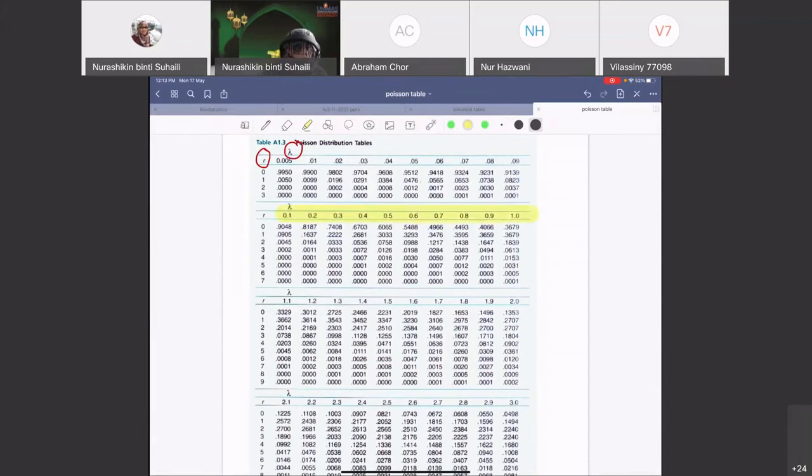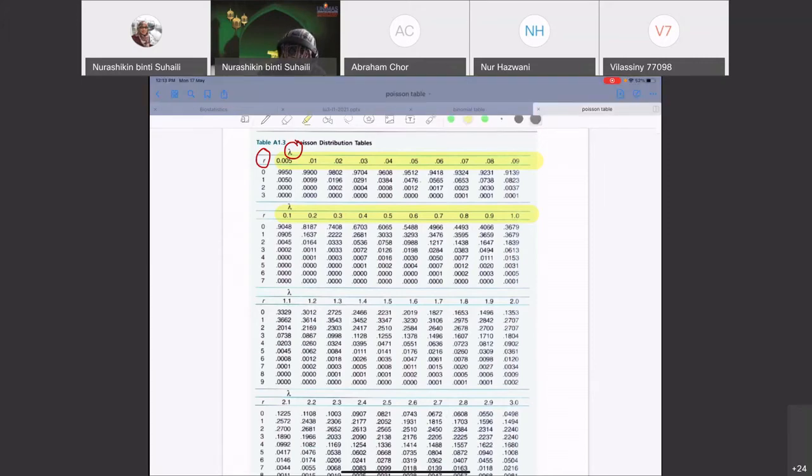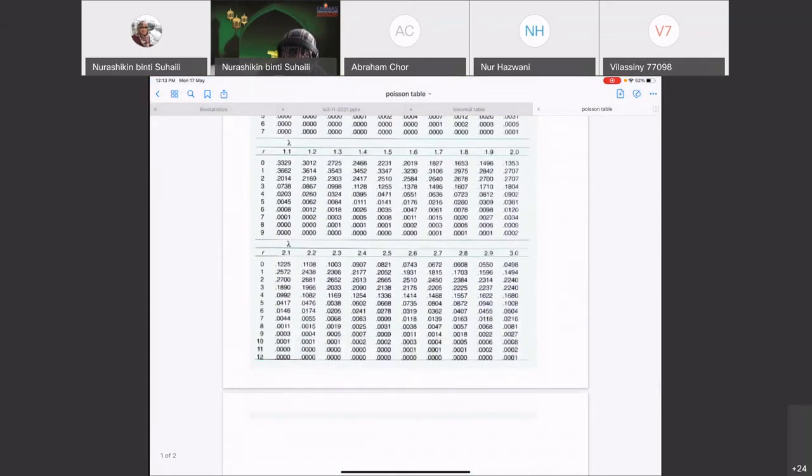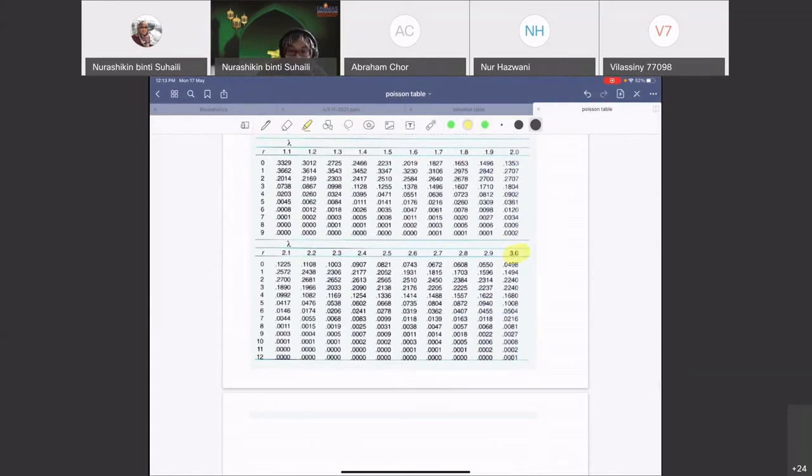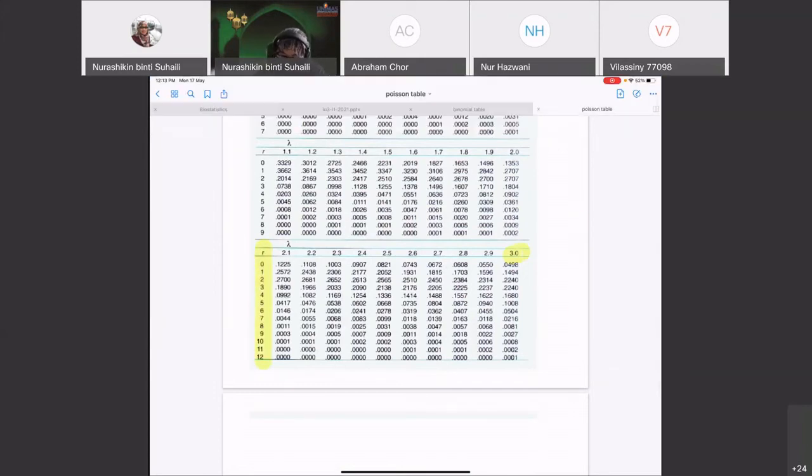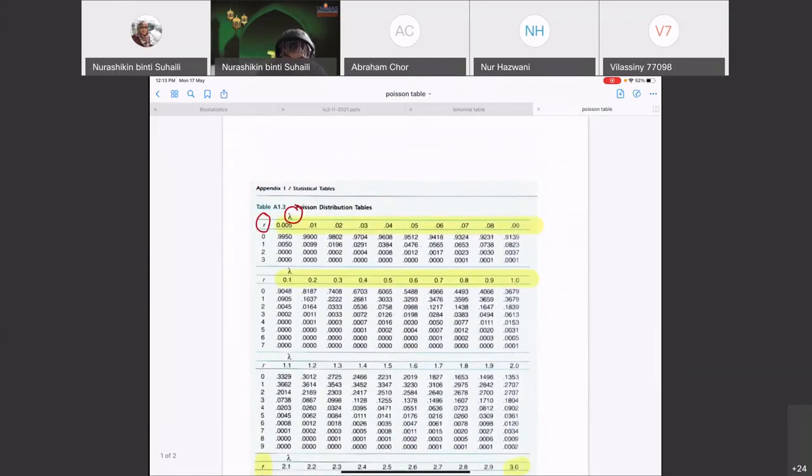It starts from lambda 0.005 until what? You can see that this table has values up to 3 for the lambda. And the r is given in the first column over here. So this is the Poisson table.